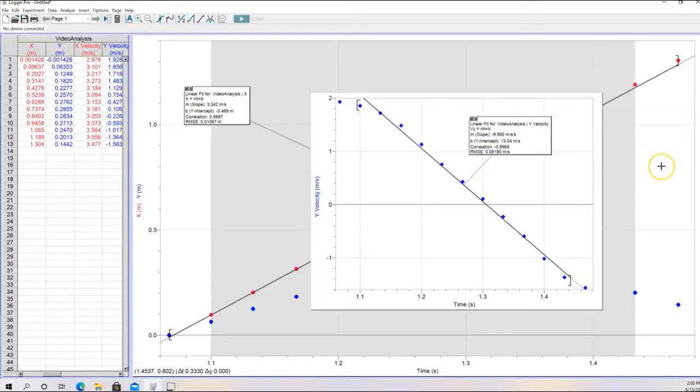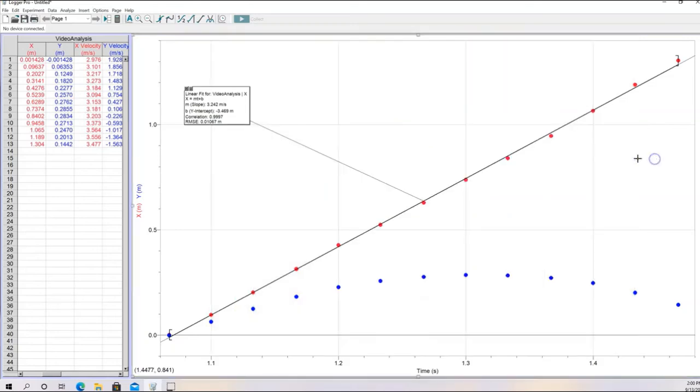So there's our two graphs, and we're going to use this information all the time to analyze the motion of a projectile. In the horizontal direction, the motion is constant velocity.